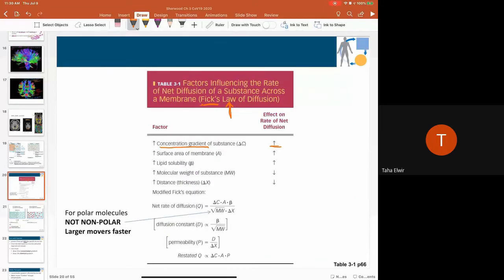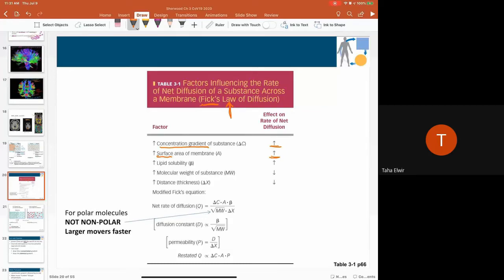edict. And then the larger the surface area for diffusion to occur, then the more times a particle can hit the membrane and greater chance for it to go across. So you increase surface area, you increase the rate of diffusion.